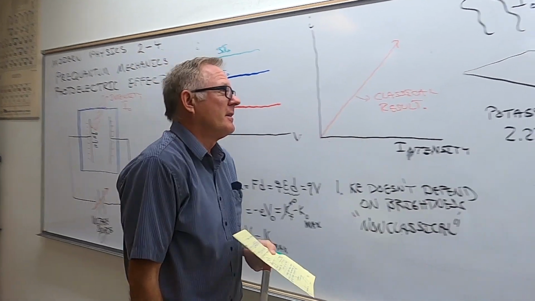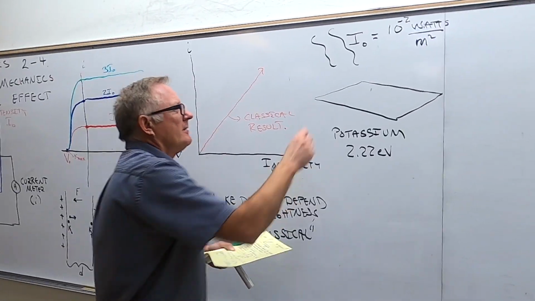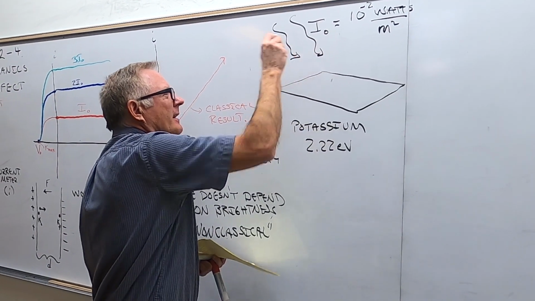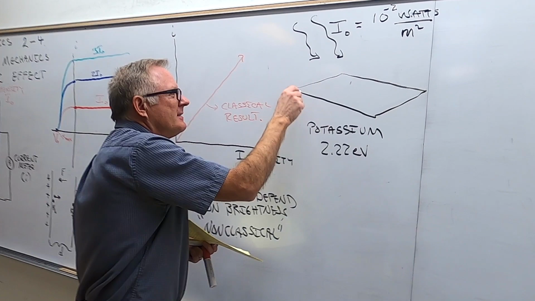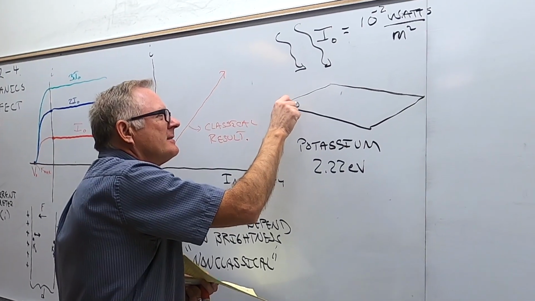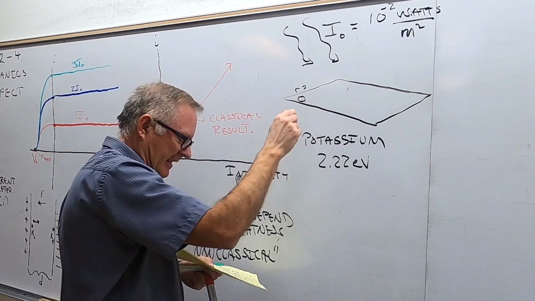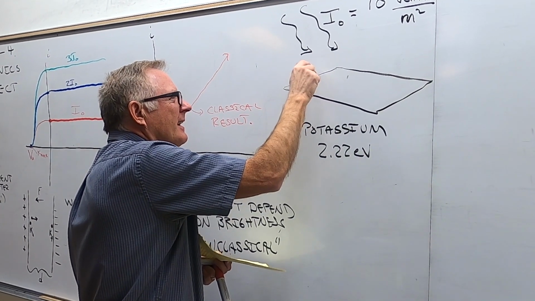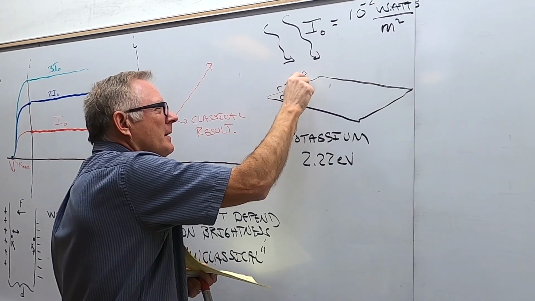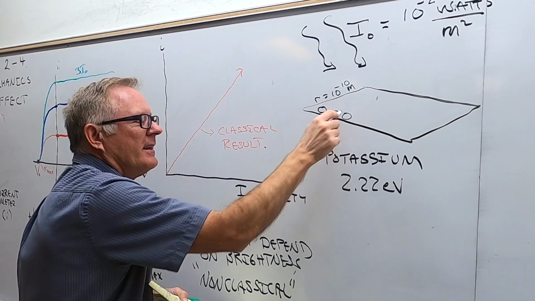So this is a pretty dim light. And you'll notice the size of an atom here: the radius of each one is about an angstrom, about 10 to the minus 10 meters. That's the radius of each atom.